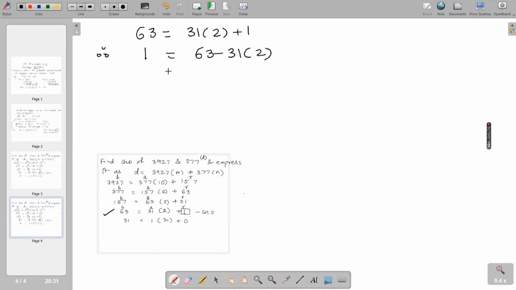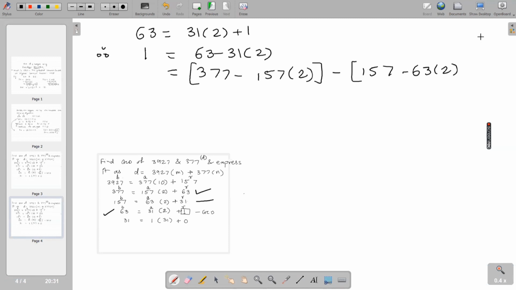Now I have got 63 and 31 right now. So I will see what is to be substituted for 63. Now for 63, I will write 377 minus 157 into 2. Okay, this is my 63 minus. Now for 31, I'm using this expression, that is 157 minus 63 into 2 will be 31.